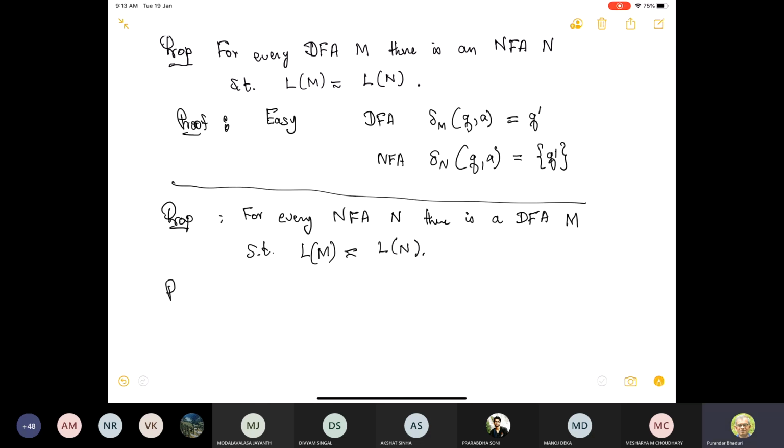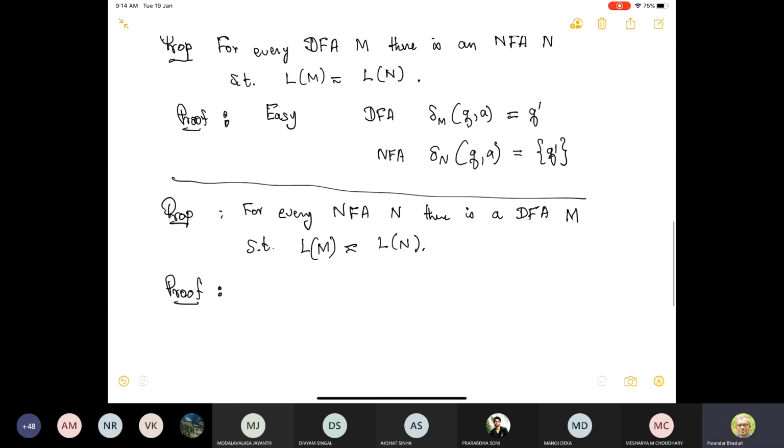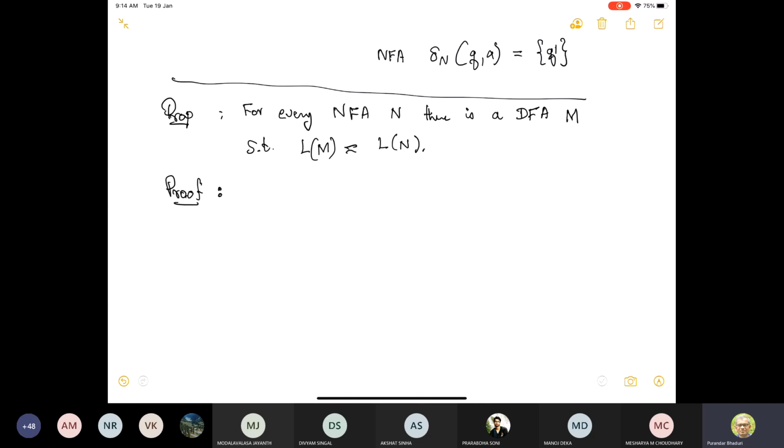And there's a little bit of history behind this proof. This proof was first given by Dana Scott and Michael Rubin when they were interns at IBM Research Center in Yorktown Heights.